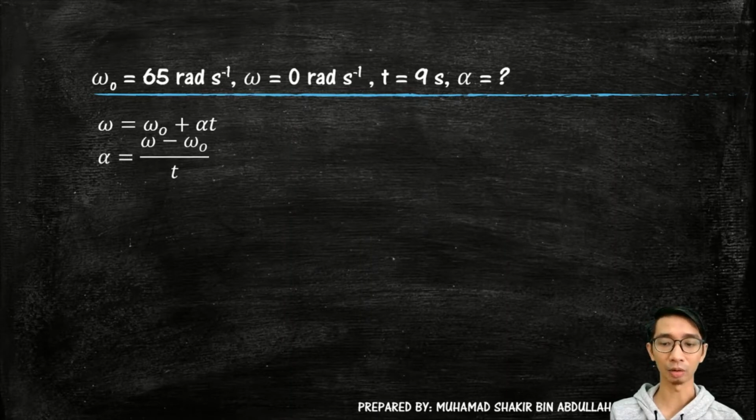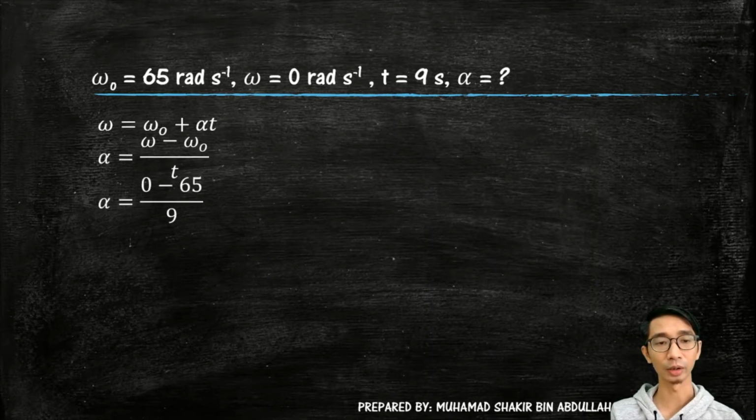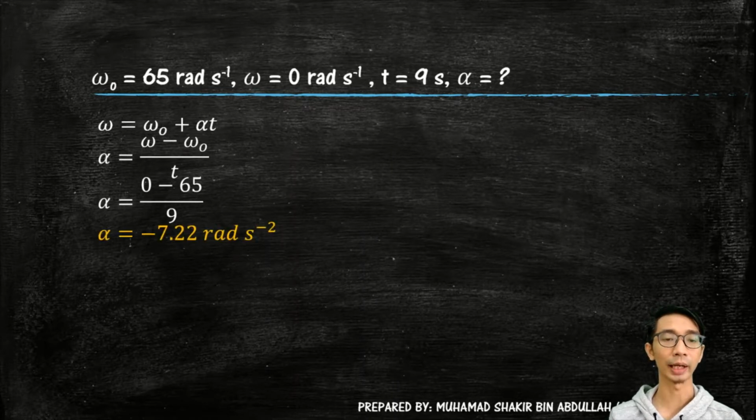Substitute all the information given, and make sure all the information is in SI unit. 0 minus 65 divided by 9. Using the calculator, we get angular acceleration equal to negative 7.22 radian per second squared. Why negative? Because we are slowing down, so we are actually decelerating. So this is our angular deceleration.